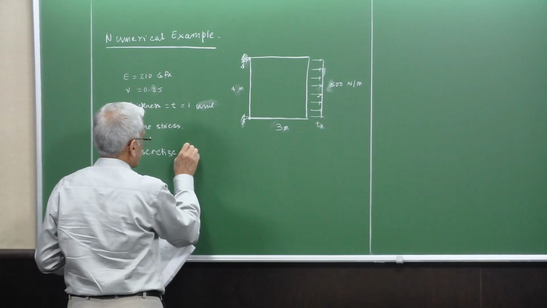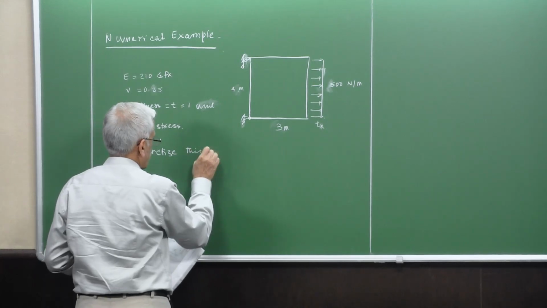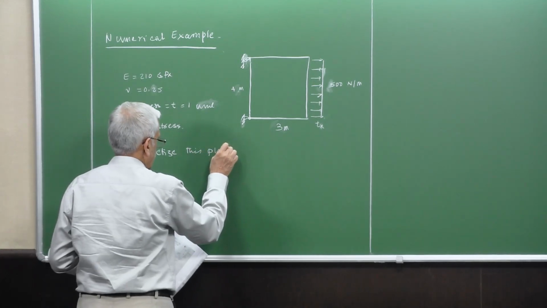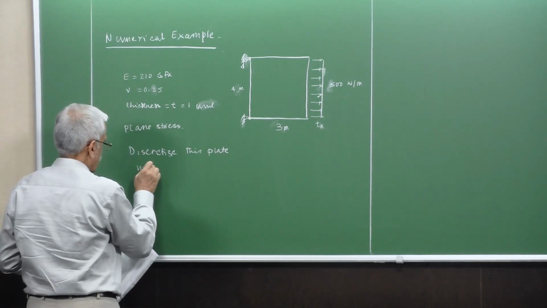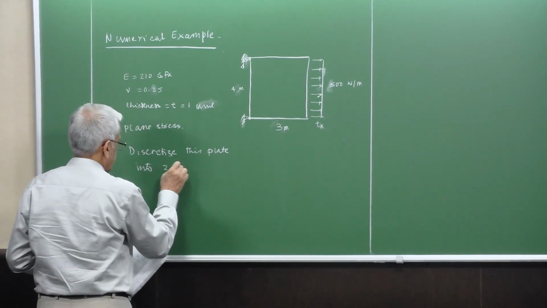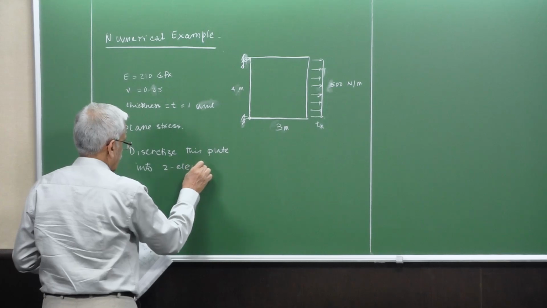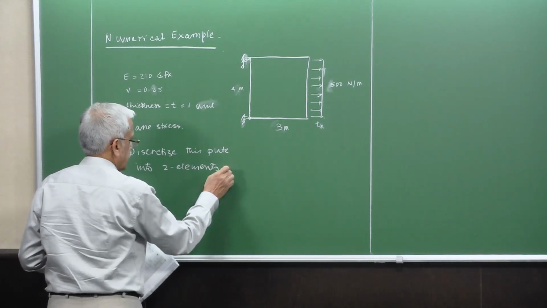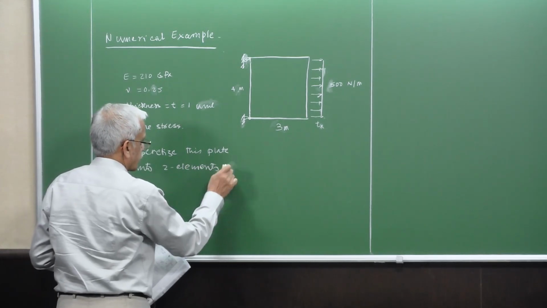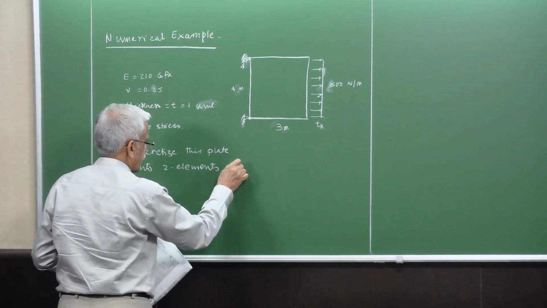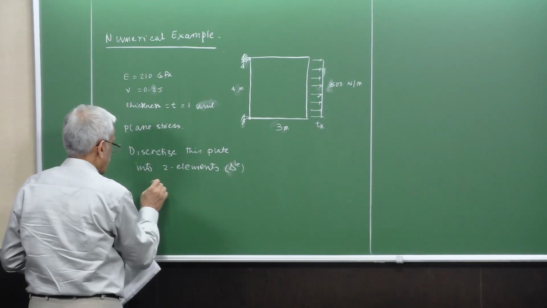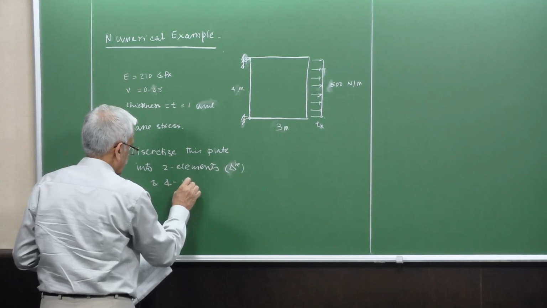We discretize this plate into two triangle elements and four nodes.